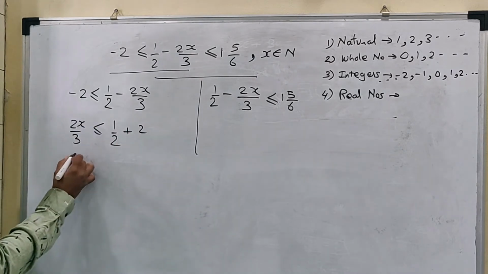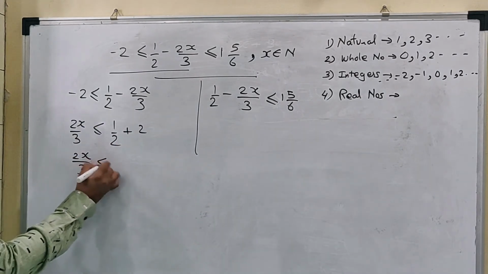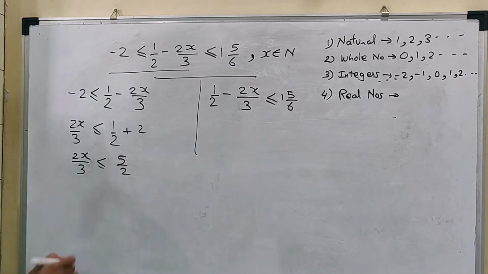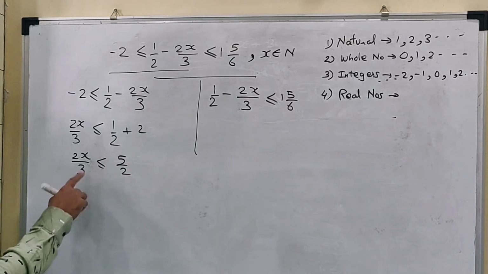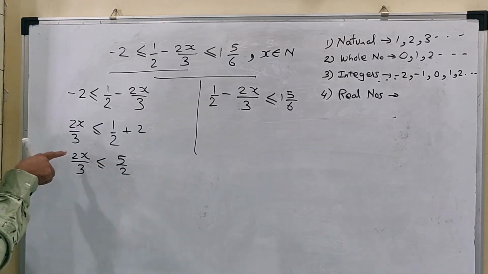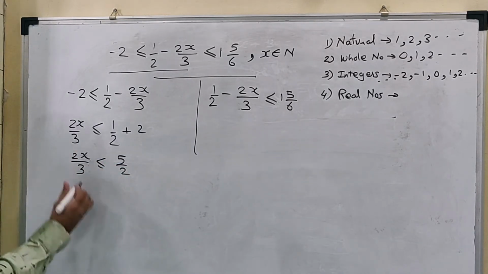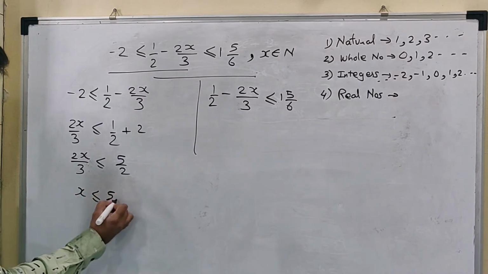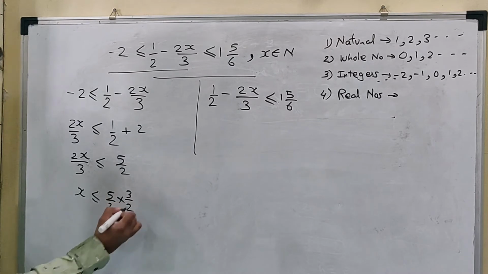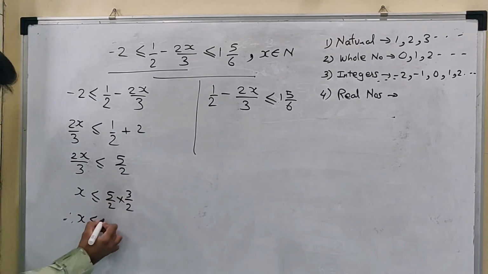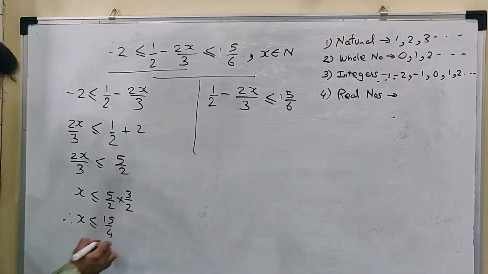So if I solve this, it becomes 2x upon 3 less than or equal to, so this becomes 5 by 2, correct? So I'll just cross multiply it. I have to find the value of x, so I'll keep my x term alone. So x less than or equal to 5 by 2 into 3 by 2. So therefore you get x as 15 by 4.